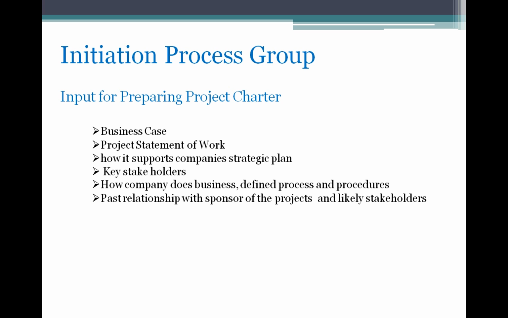We make sure that the project manager goes through this history of the sponsor and then acts accordingly, and identifies and communicates. He prepares the communication management plan depending on this history of the sponsor's projects and key likely stakeholders. So he gets that info from the PMO.